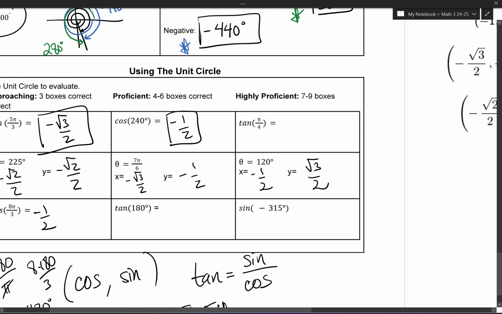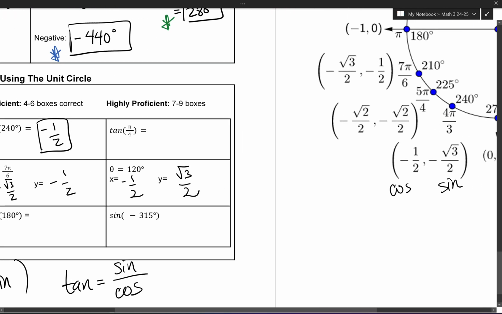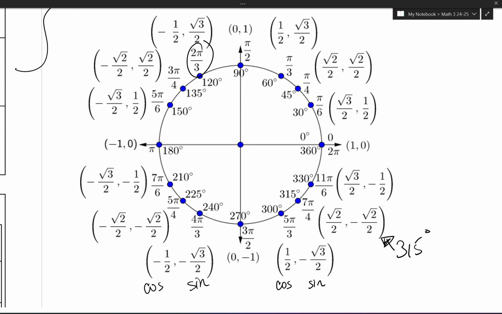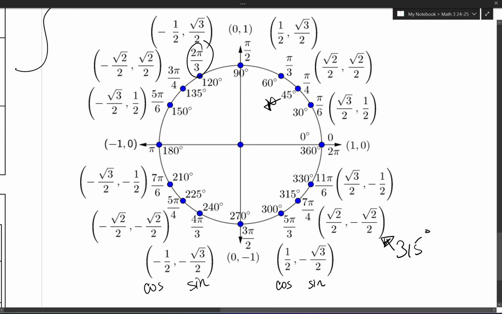And let's do the sine of negative 315. Okay, the sine of negative 315. Where's 315? Well, 315 is right here, right? But it's negative 315. So that is not where we're looking. We're looking for the angle negative 315 degrees. It's just a mirror. The x-axis is just a mirror. So we're looking at 45 degrees.